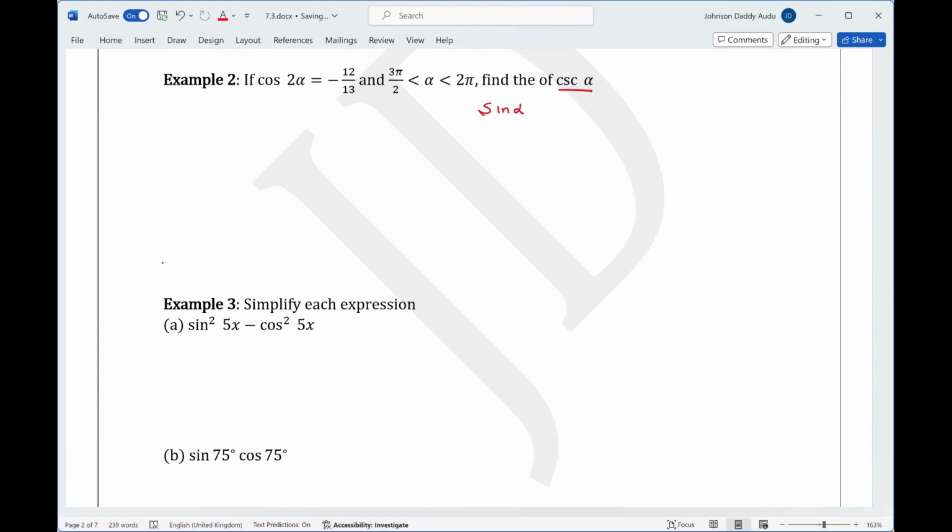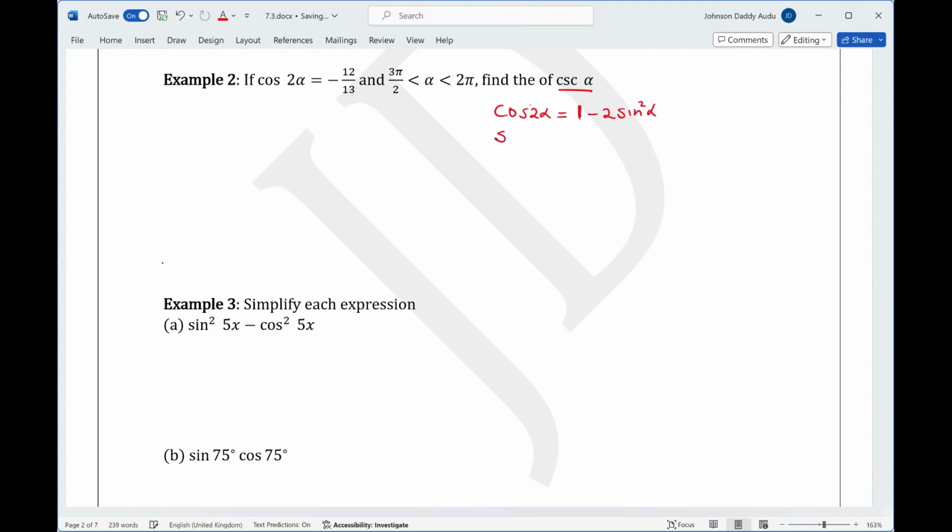But we know that sine alpha, because we have these formulas. So let's go from this formula. We know that cosine 2 alpha is 1 minus 2 sine squared alpha, right?